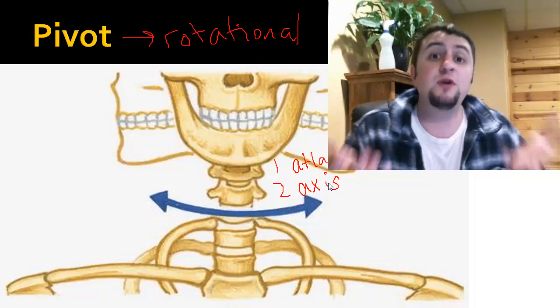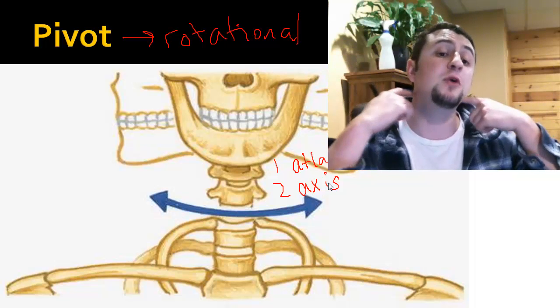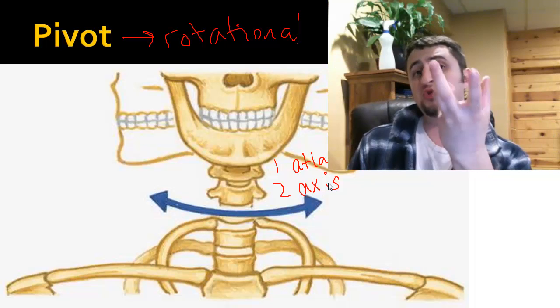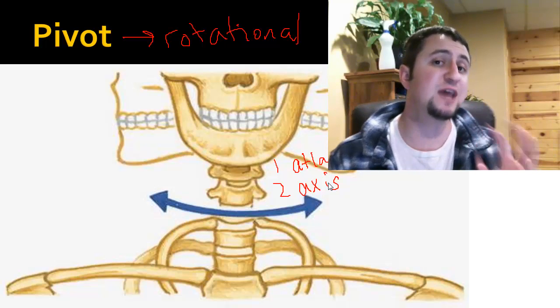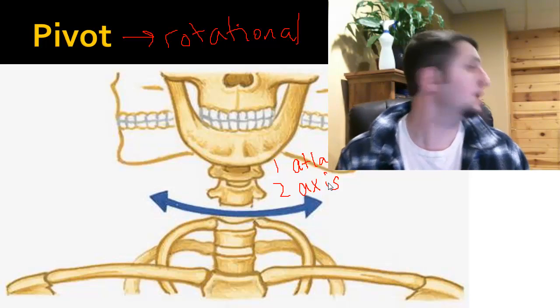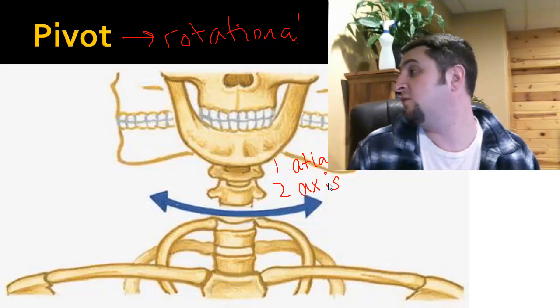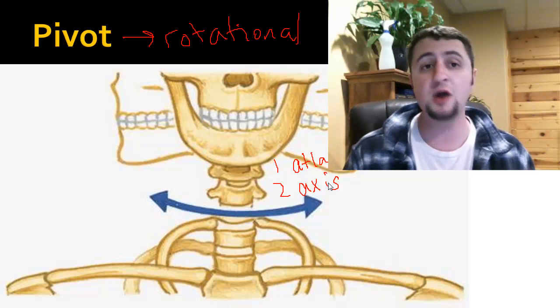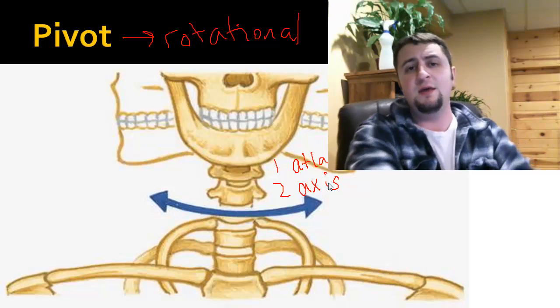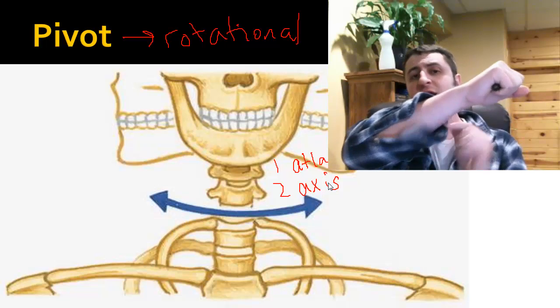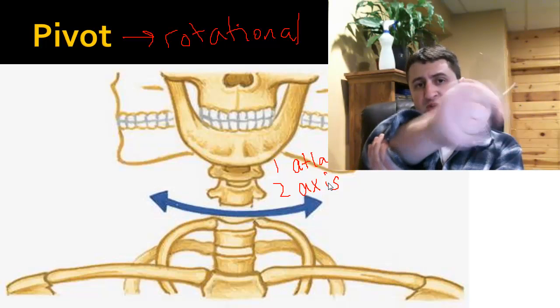So what do you think the atlas bone does? It holds up your head. And the axis bone, think twisting on an axis. Those first and second vertebrae allow our neck to twist left and right. We have a pretty large range of rotational motion. Another pivot joint in our body is in our forearm, which allows our forearm to twist.